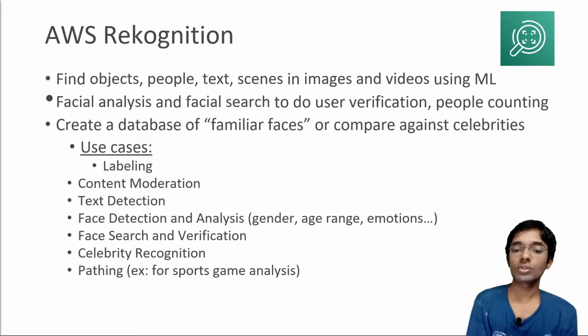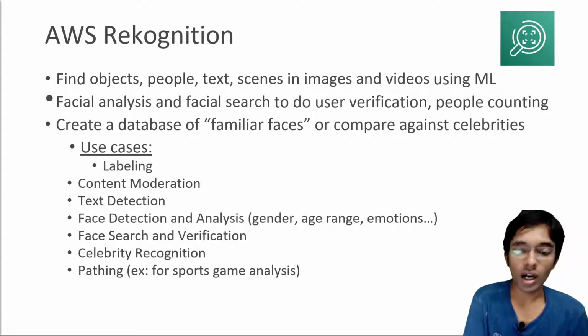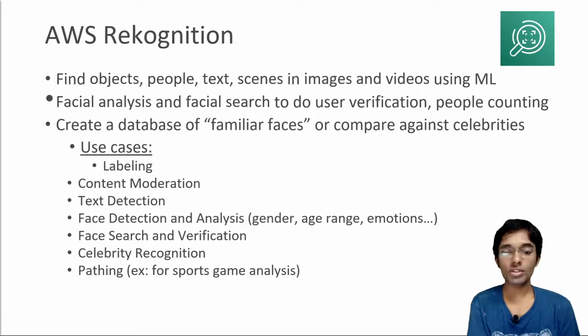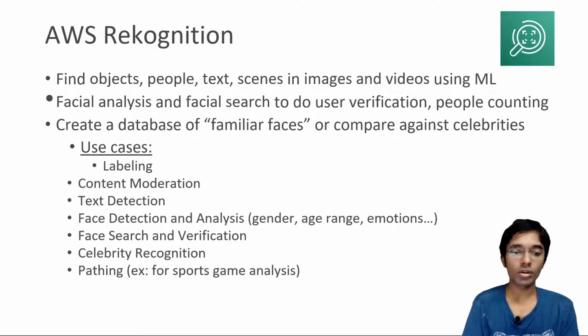And finally, if you have a video of a sports event and you want to analyze it, you can do pathing, and that means you want to see where someone is walking on the field, and from that information maybe run some analytics. So Rekognition is just for that, and you have to know about it.